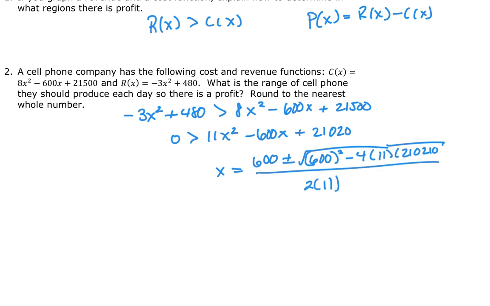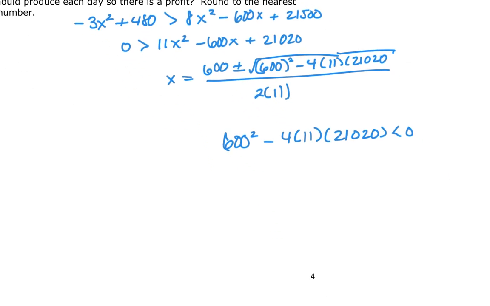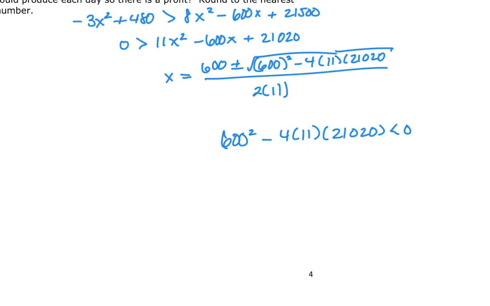Now, when I put in my calculator the 600 squared minus 4 times 11 multiplied by 21,020, this is less than 0, which means I have complex numbers, which means at this moment you can never make a profit.